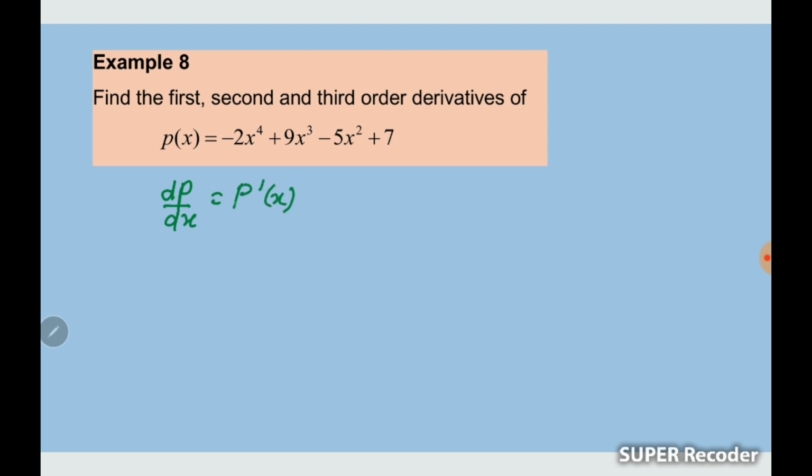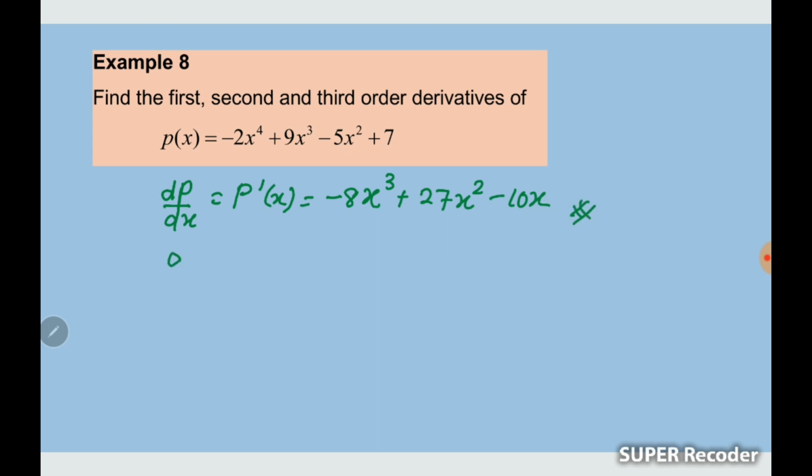P prime x means dp dx is equal to negative 2 times 4, negative 8 x to the power of 4 minus 1, 3, plus 9 times 3, 27, x squared minus 10x. Differentiate 7 is 0. So this is the answer.